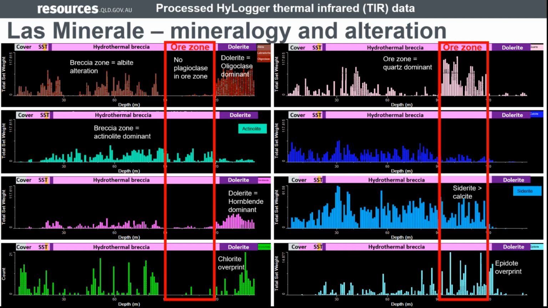It gives wonderful information to allow us to identify geological domains, major rock types, major alteration types, and on the basis of this information, we go and sample not blind, but we have specific targets in mind.